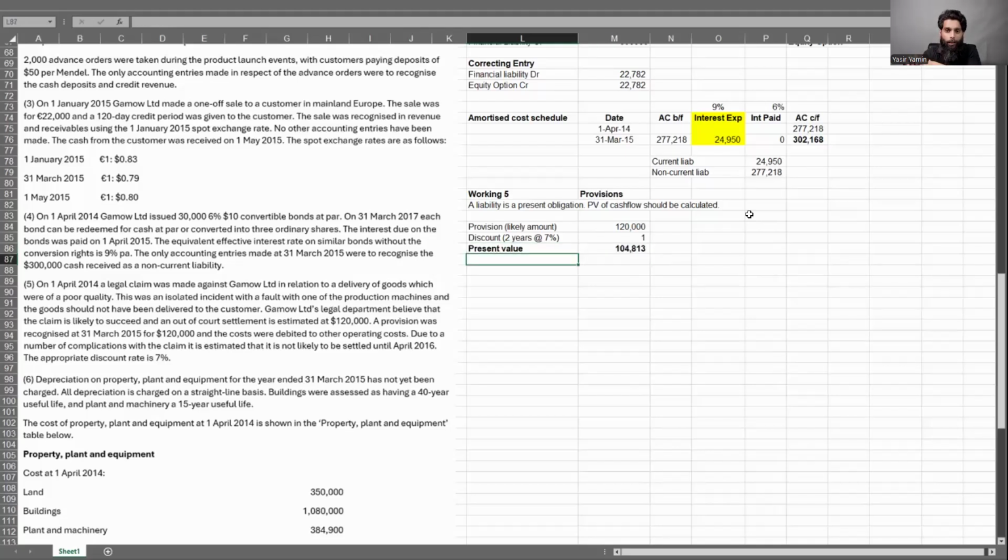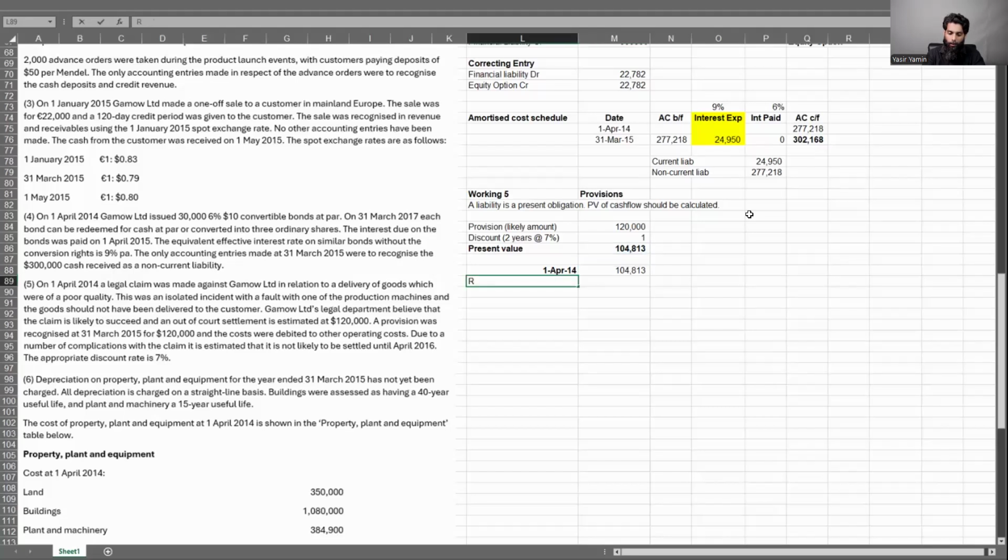Your examiner has recognized the entire 120,000 as provision, whereas the liability on 1st April 2014 should be 104,813. The liability should be 104,813.